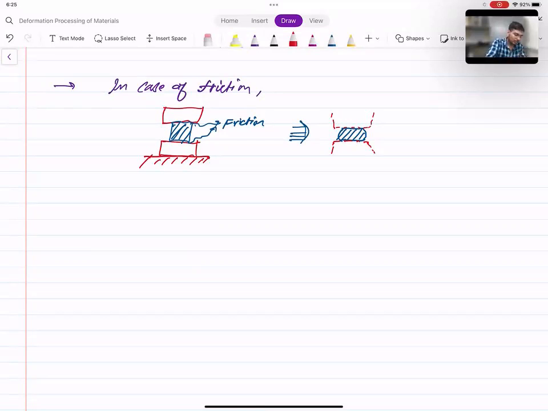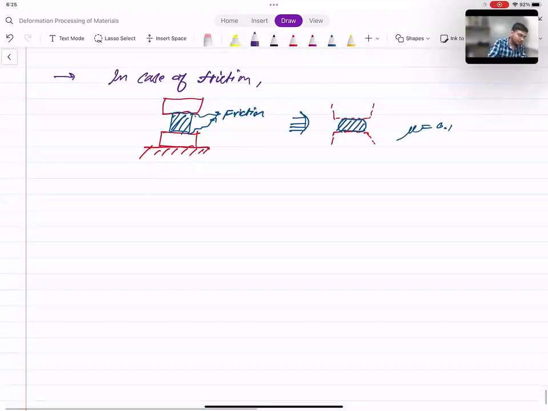Here the coefficient of friction was not 0. Say it is 0.1. So in the relation of force, we now need to incorporate the contribution of friction also.